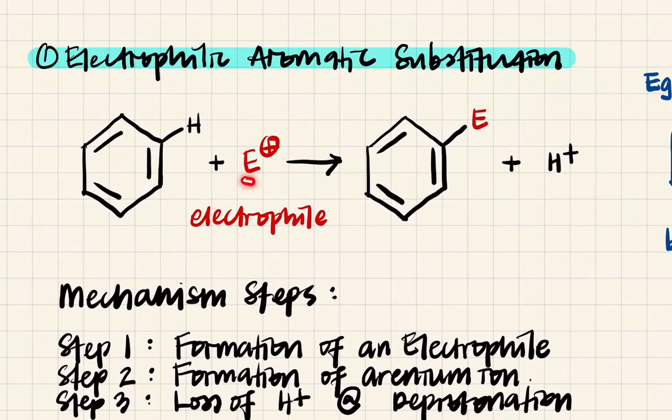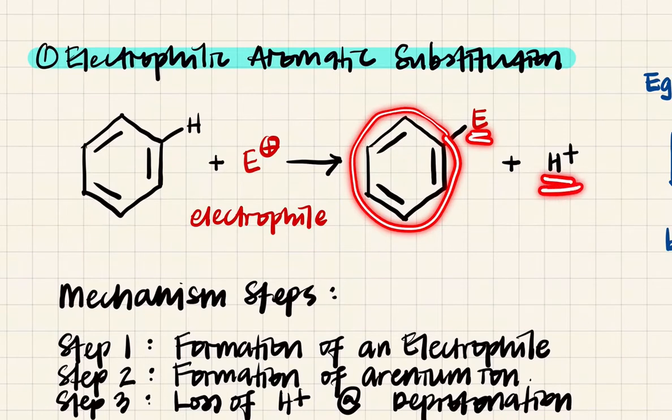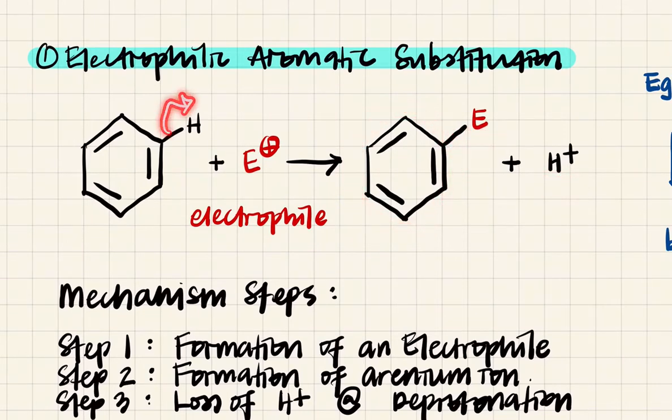So you're going to substitute your hydrogen with this electrophile. So ni masuk, ni keluar. And then you will get your benzene ring with an electrophile and H plus yang kena buang tu. So that is electrophilic aromatic substitution. Aromatic sebab dia adalah an aromatic compound lah.